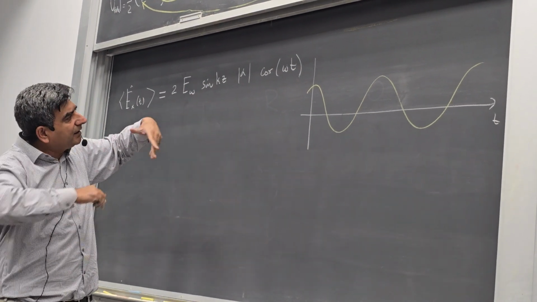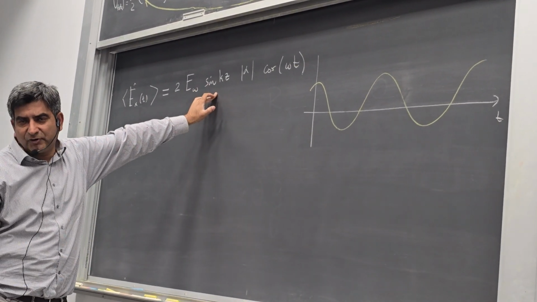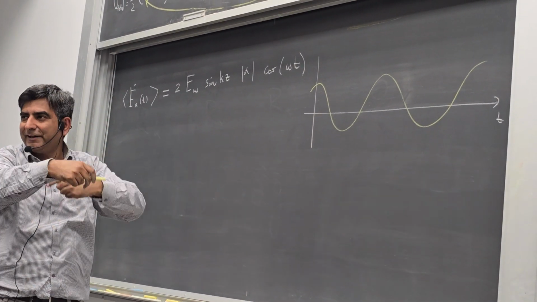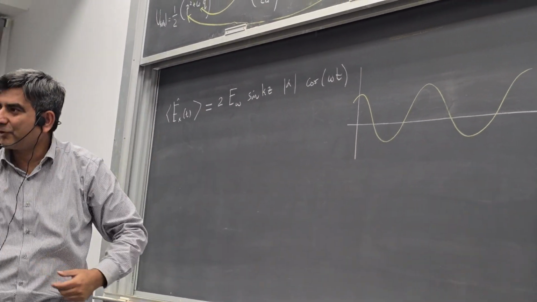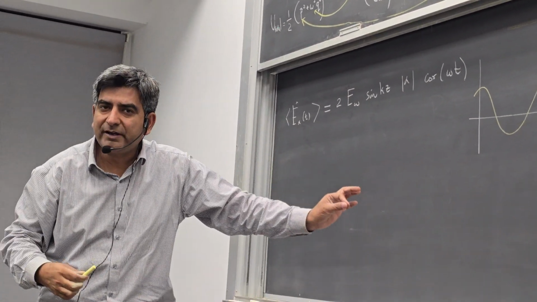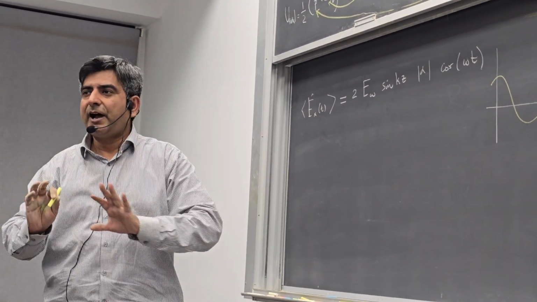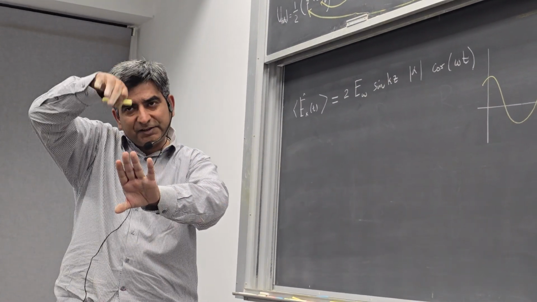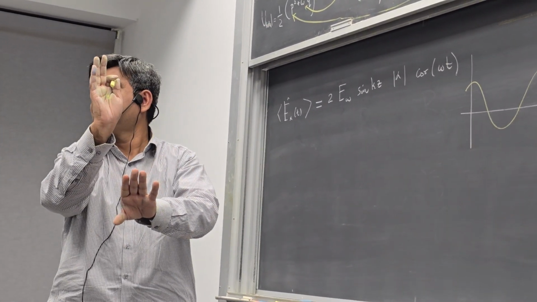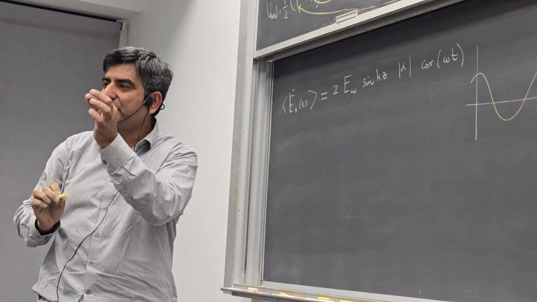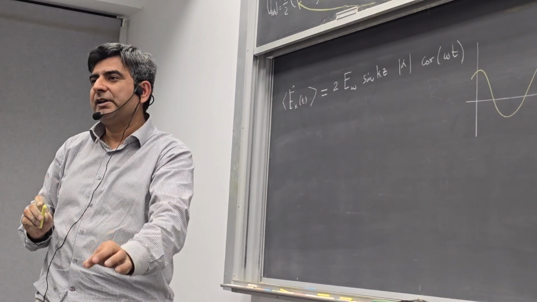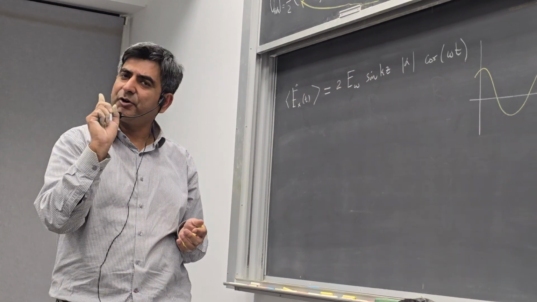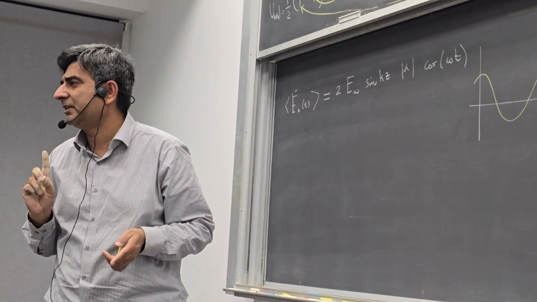Anyway, so for fixed z if I plot this average value for a coherent field it looks like a very nice oscillator. So a coherent state is an oscillator. A pure electromagnetic radiation with sinusoidal variation with respect to time is a coherent state. That's what a real, perfectly pure, spectrally pure laser means. It just has one frequency omega, purely monochromatic. This is hard to achieve by the way.